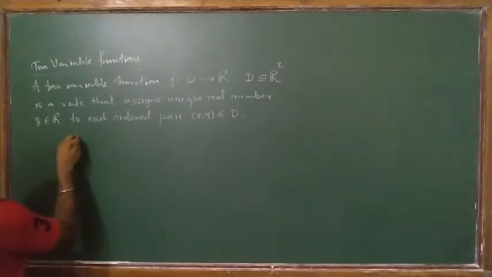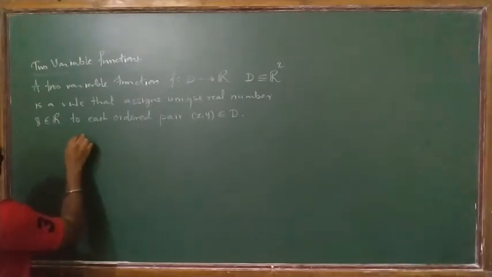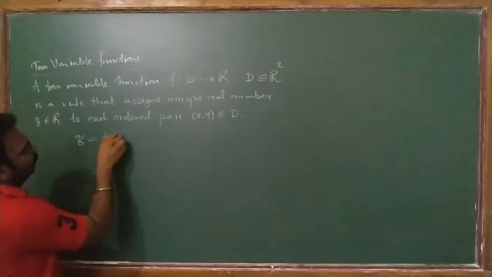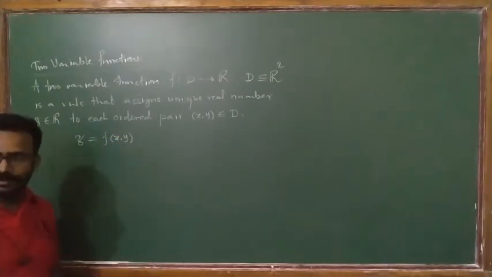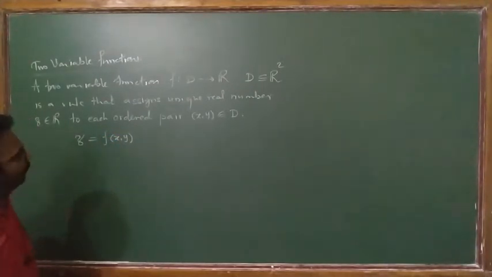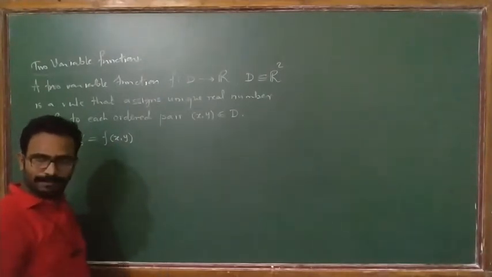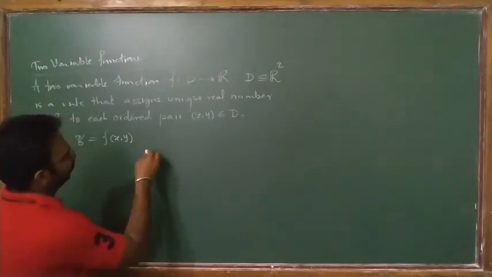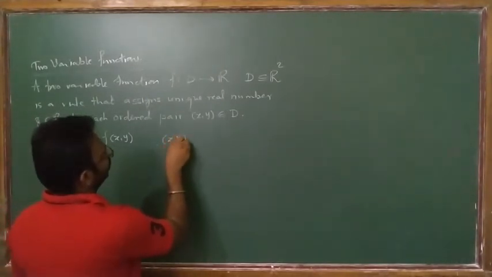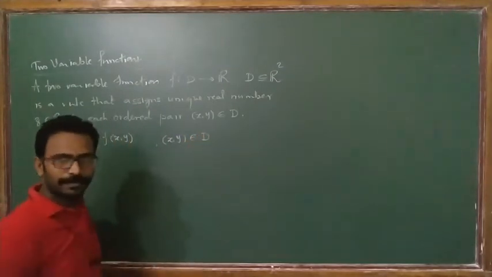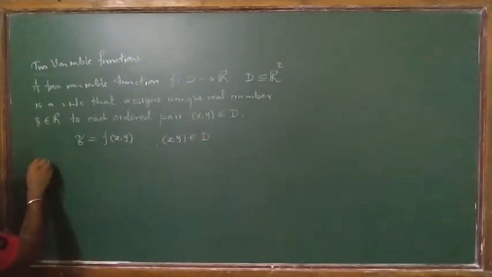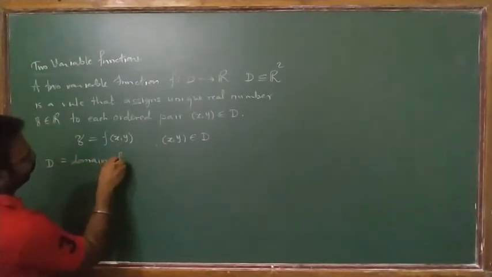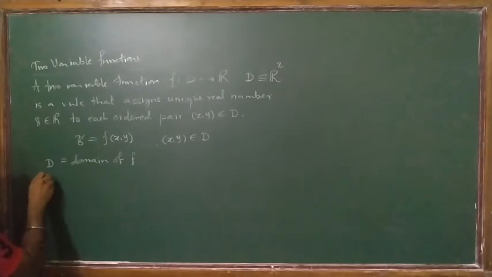So when we say that f is a two variable function, we can write z, which is a unique real number or unique output for the function f, which is assigned to the ordered pair xy in the set R2. So when this xy is an element from D, we say D is the domain of f.